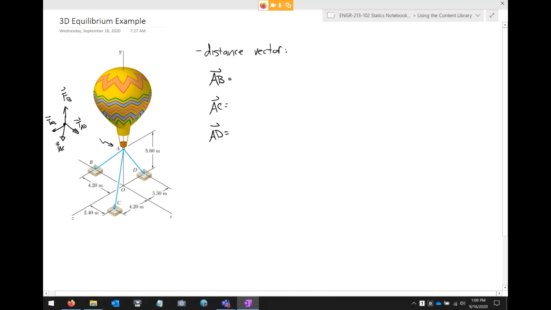I'll work on the first one, and then I'm going to have you all help me out with the second one. We have the distance vector AB, which is going to be some component times i plus some component times j plus some component times k. That's going to be the case for all of them, so maybe I'll be a little lazy and fill all that in right now.